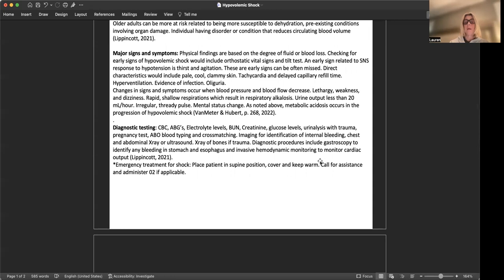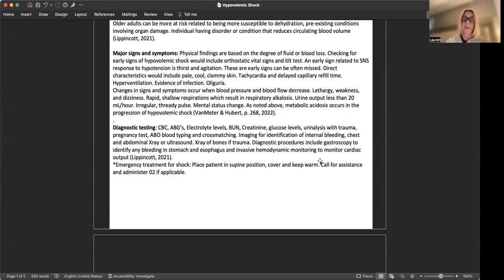You'll see some of the diagnostic testing here: CBC, ABGs, electrolyte levels. I do want to mention something very important in an acute situation where maybe there's trauma involved and a lot of fluids being lost.